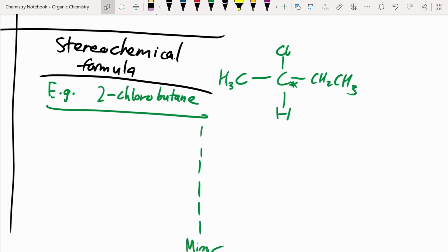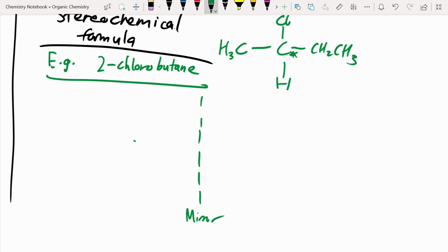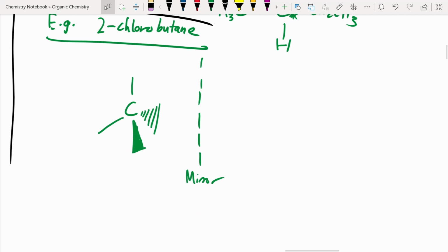And then it will need to be in the shape of a tetrahedral shape, whereby you have your dashes and wedges.